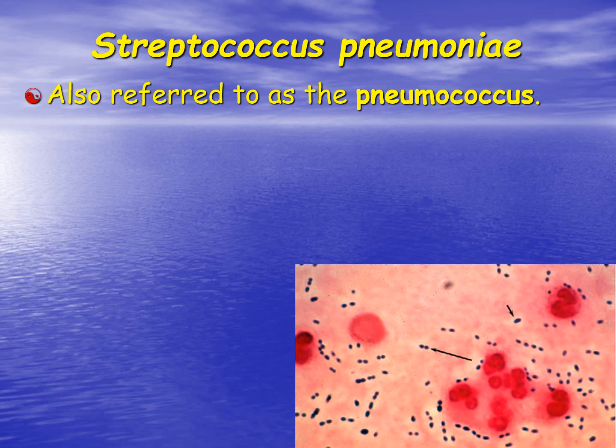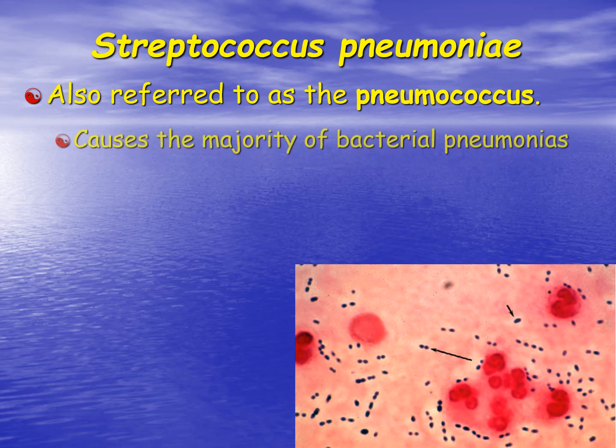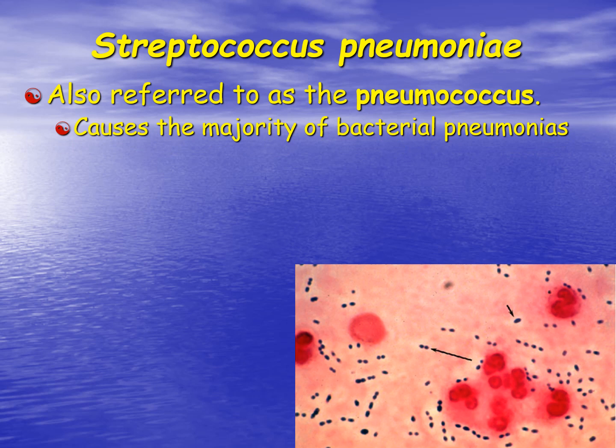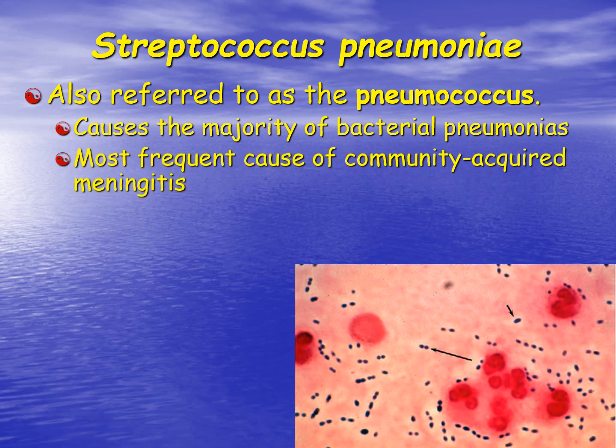Streptococcus pneumoniae is often referred to as pneumococcus, and it causes the majority of bacterial pneumonias. However, it is also frequently associated with community-acquired meningitis.